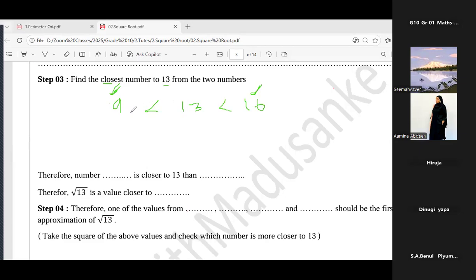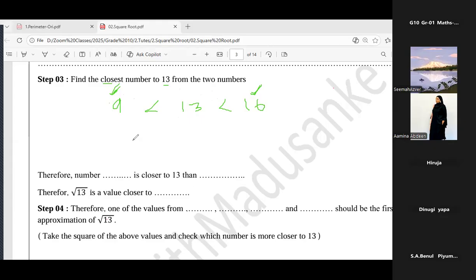Very good. Subtract 9 from 13 and 13 from 16 to find the closest number. Yeah, you are correct. I got the wrong name.